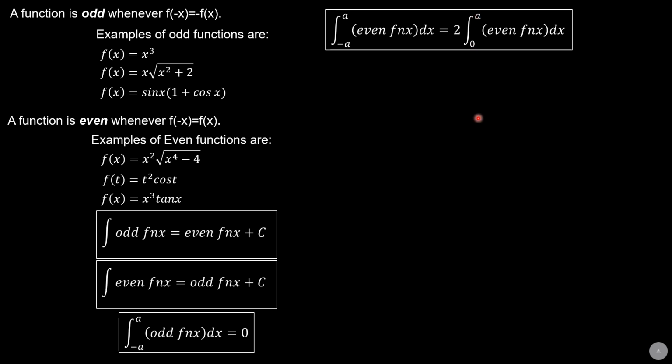So next is the concept or the topic on iterated integrals, when the integral involves more than two variables. In performing iterated integrals, treat the other variables as constant and evaluate the integral of the first variable.